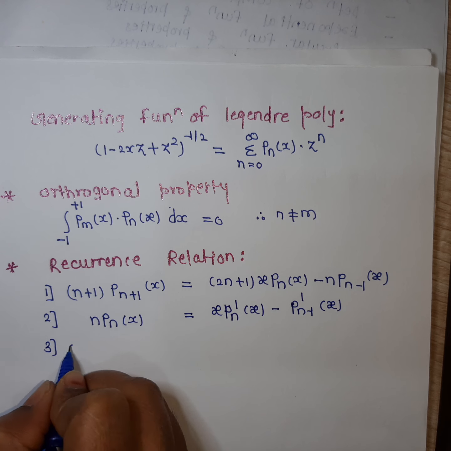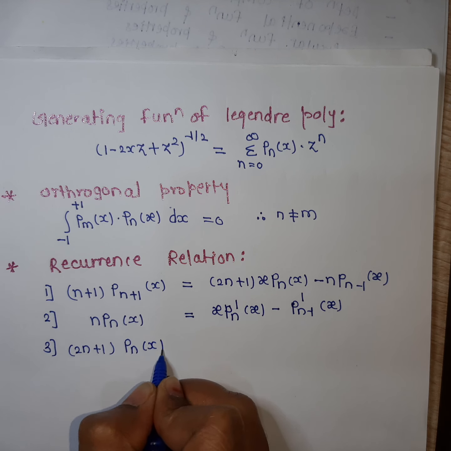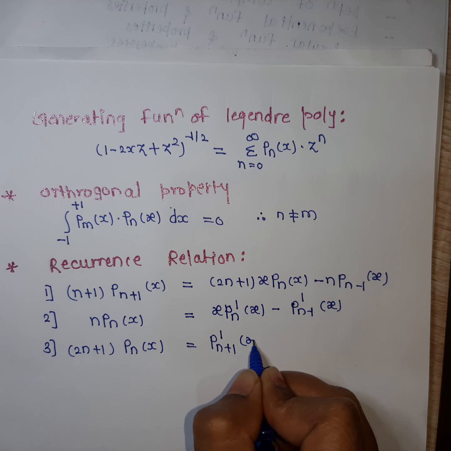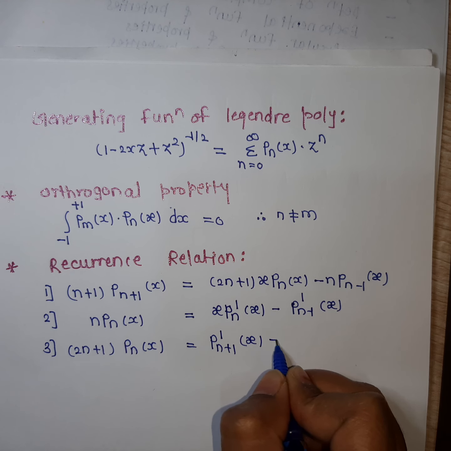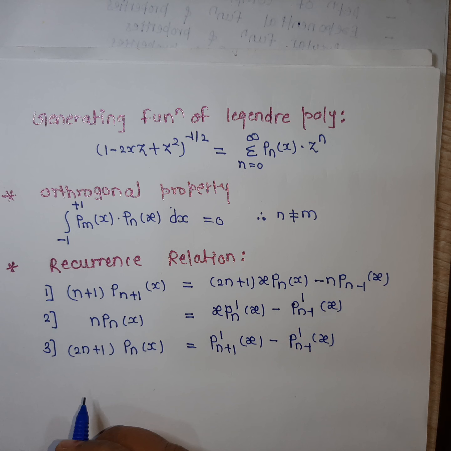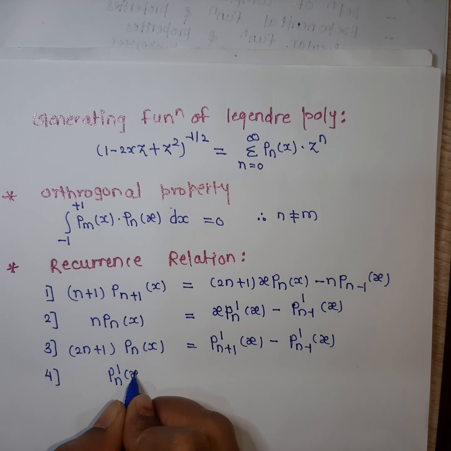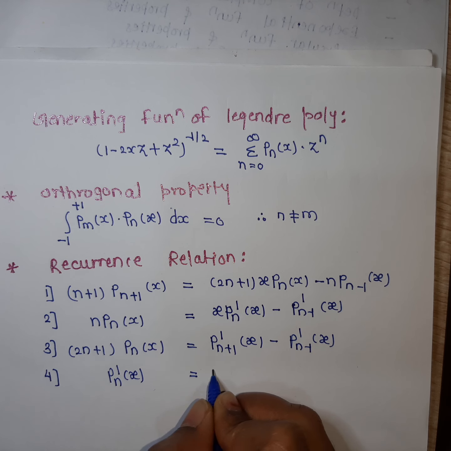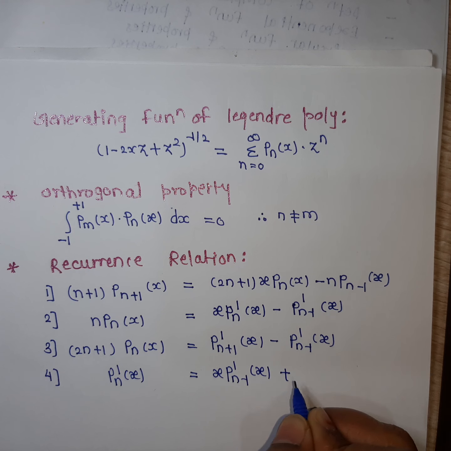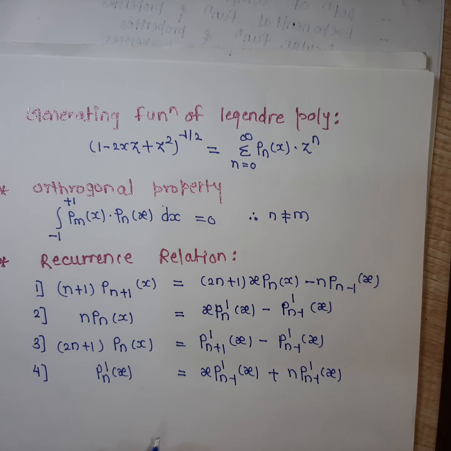Third one, (2n plus 1) Pn of x is equal to Pn plus 1 prime of x minus Pn minus 1 prime of x. Fourth one, Pn prime of x is equal to x Pn minus 1 prime of x plus n Pn minus 1 of x.